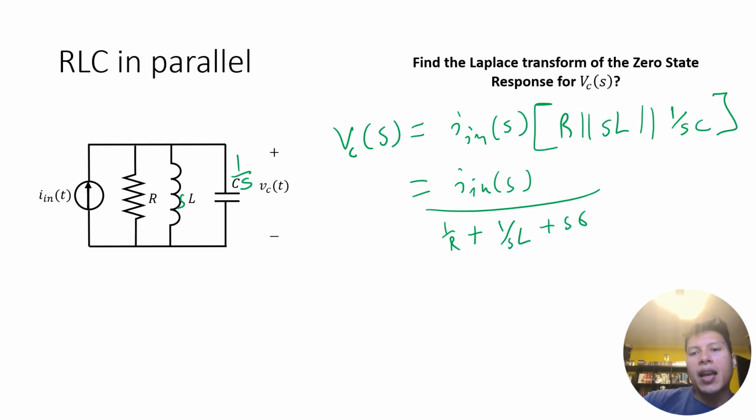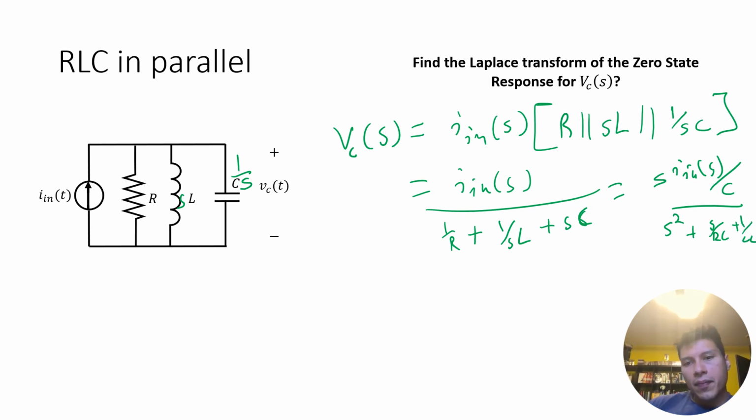And then we can multiply by s and divide by C. So we're going to get s I-in of s divided by C, over s squared plus s over RC plus 1 over LC. And that's it.